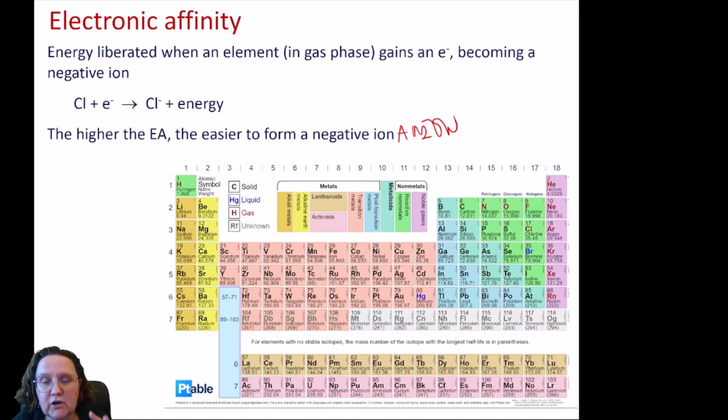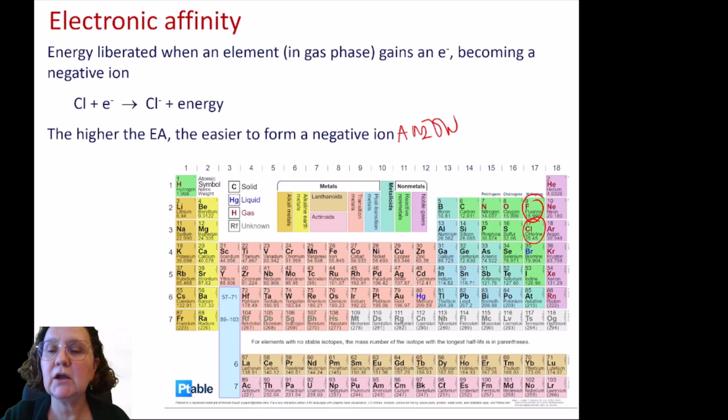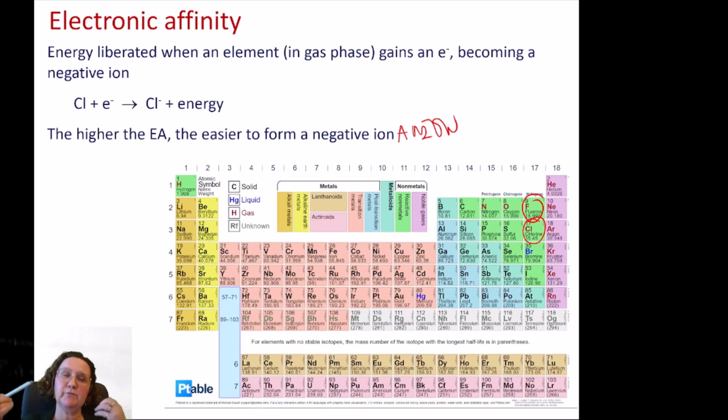So if I think of two atoms, for example fluorine and chlorine, where chlorine is larger than fluorine, and I think of both of them gaining one electron, the electron in the atom of fluorine will be closer to the nucleus than the electron that enters an atom of chlorine.